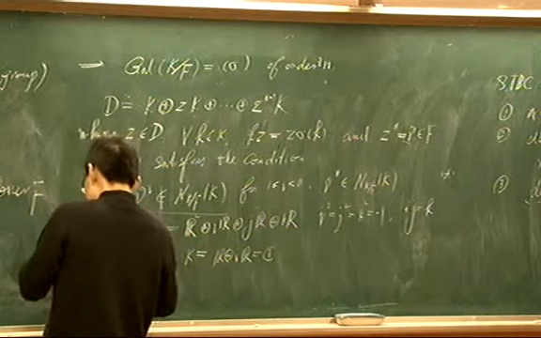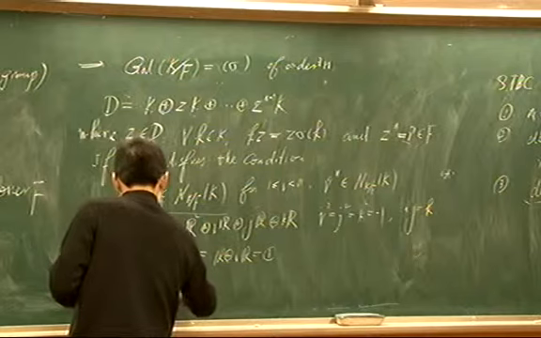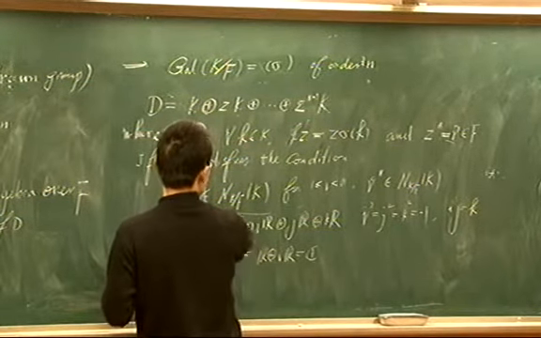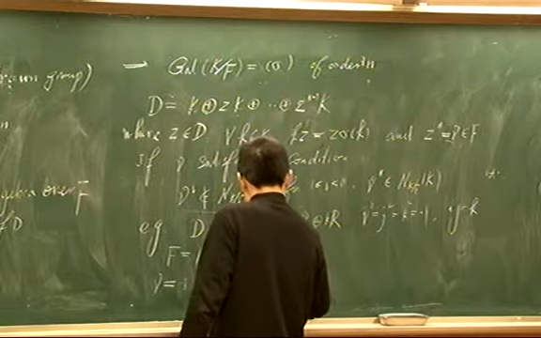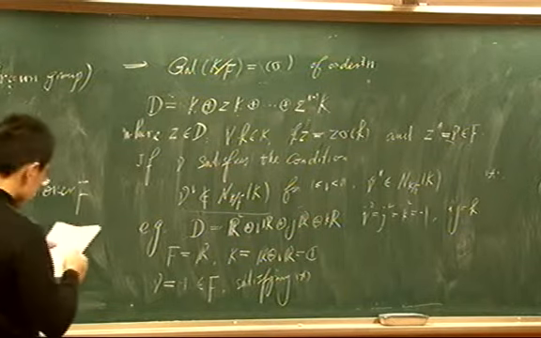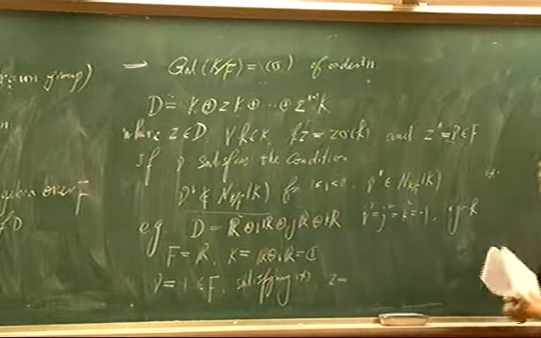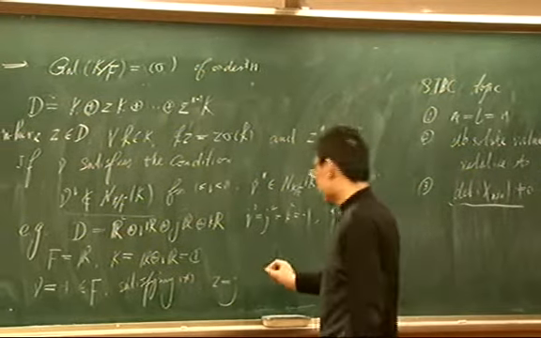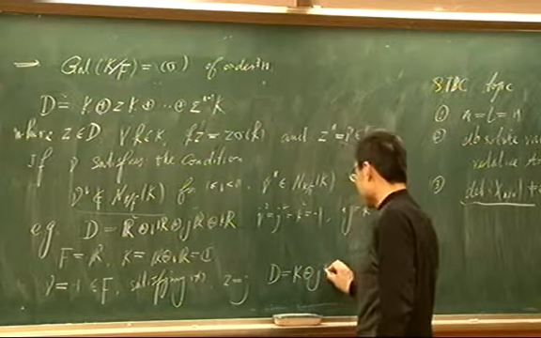For example, we can choose gamma equals -1, which belongs to F. Gamma belongs to F and satisfies the star condition. Also, z we can choose to be j, so D equals K plus jK.